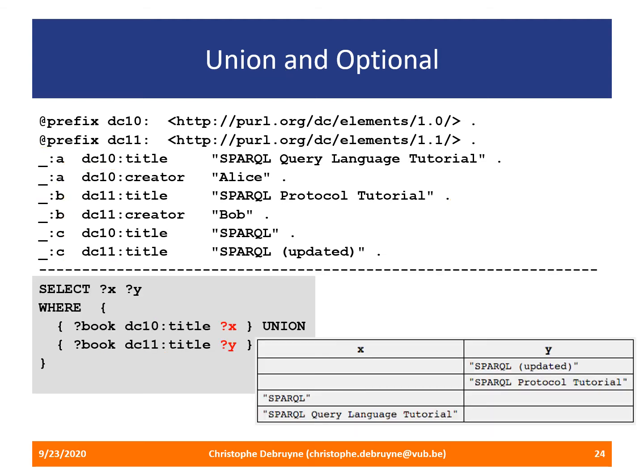What if we were to change the variable names and we change the title in the first pattern by X and the title, the variable name title, by Y in the second graph pattern, and then we were to select both of them in the select clause? Well, what will happen is, and first, order has no importance here. So this just happens to be in that order.